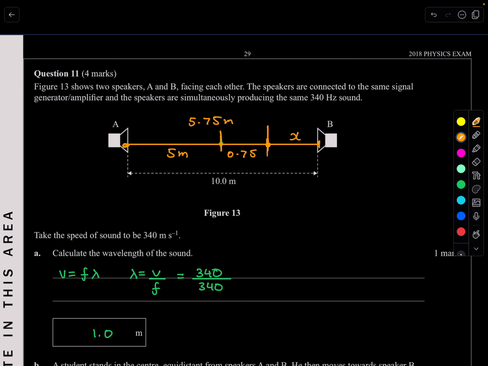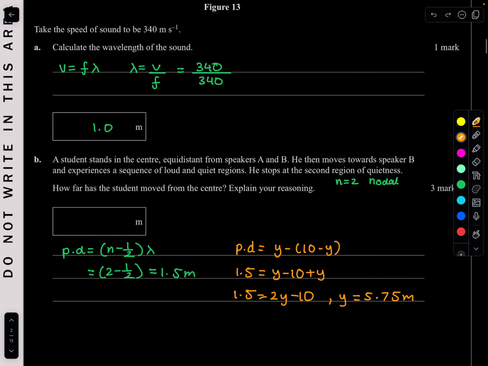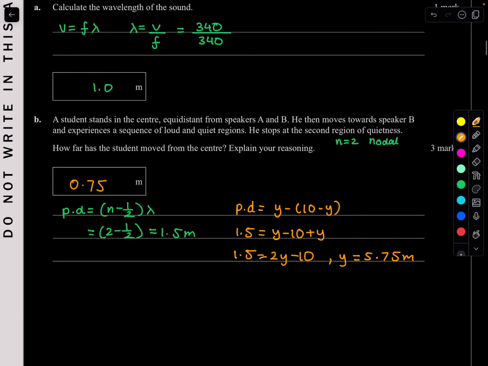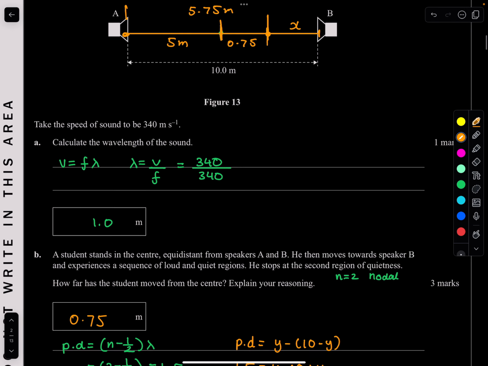So this distance from the center, because the total here is 5.75, and halfway through is 5, the rest of this must be 0.75. So we've just calculated the distance: 0.75. There's a lot of maths. I just used some basic maths here, but yeah. Wow. I hope that's right.